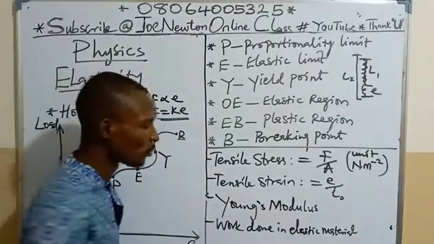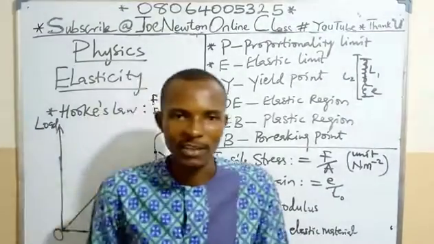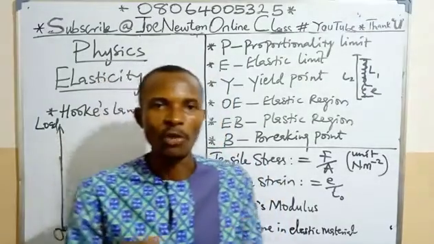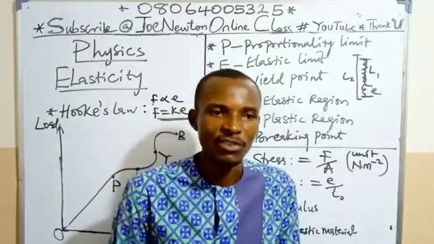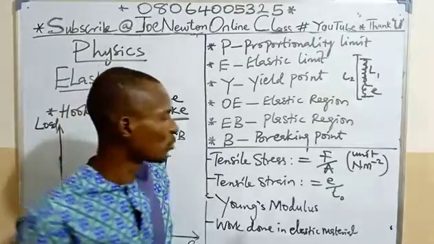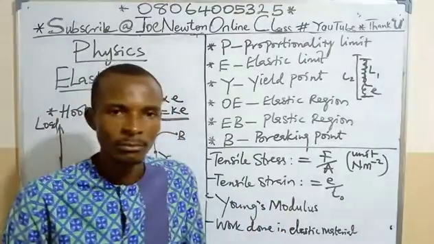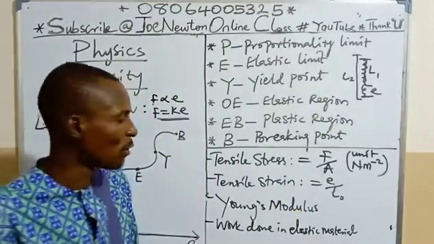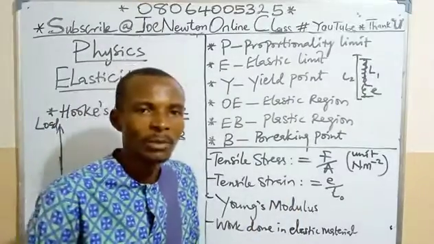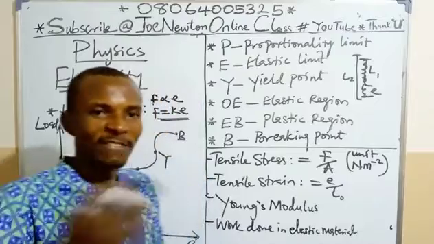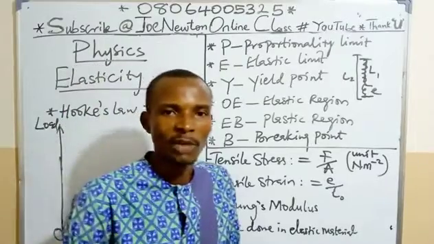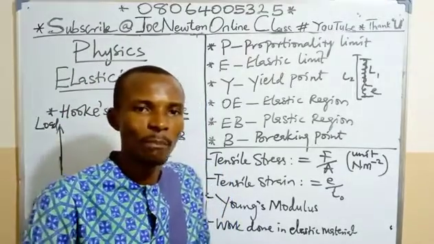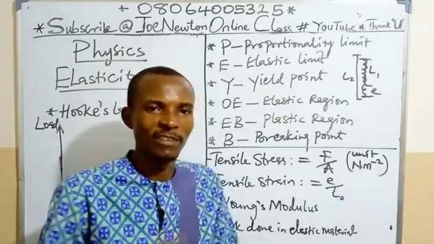Then the Young modulus of an elastic material, or Young modulus of elasticity, simply implies the ratio of the tensile stress to the tensile strain. The ratio of the tensile stress to the tensile strain gives you the Young modulus of what? Elastic material. In other words, we can state Hooke's law in another way: that stress is proportional to strain, provided that what? The elastic limit is not exceeded.